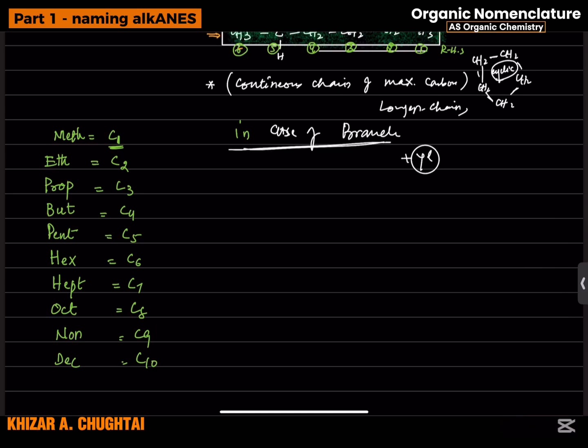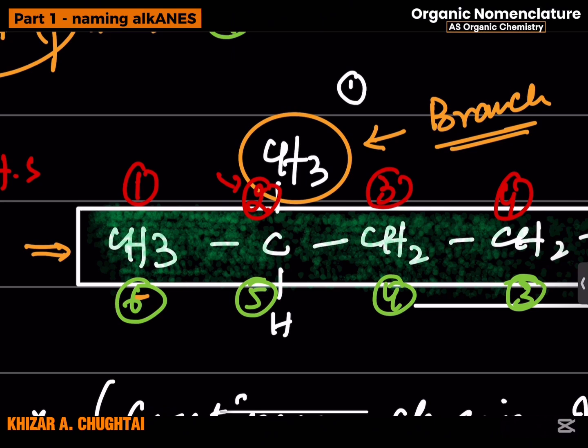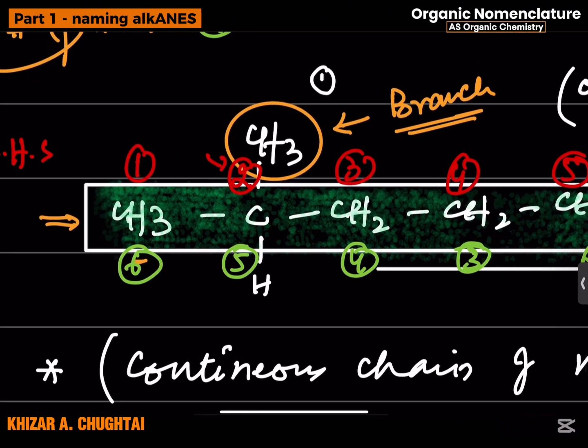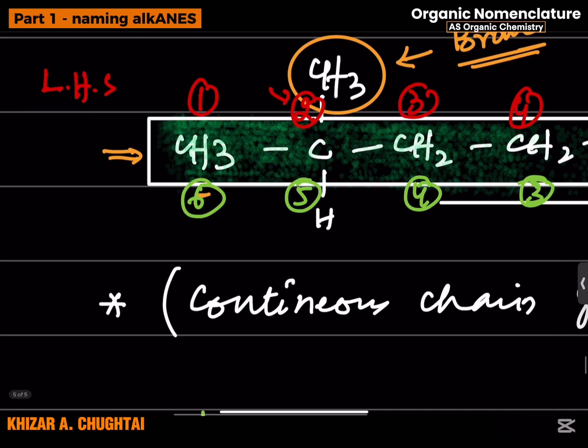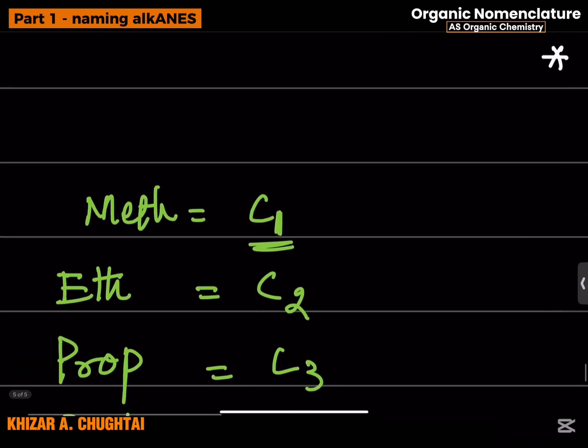For example, in this case, there is only one carbon in the branch. This is a one-carbon branch. Its name will start from meth. But it's a branch, meaning it's not the longest chain.